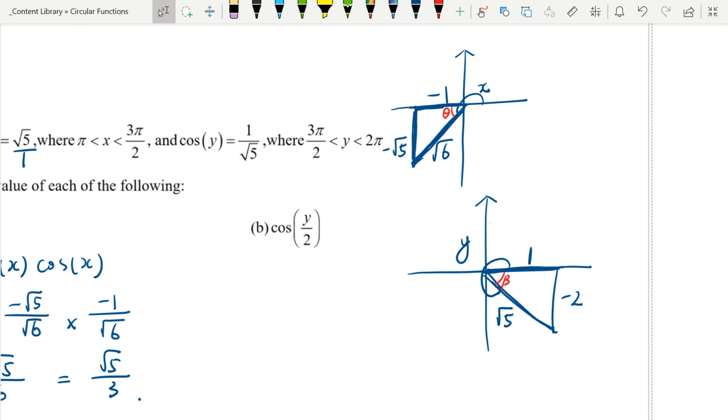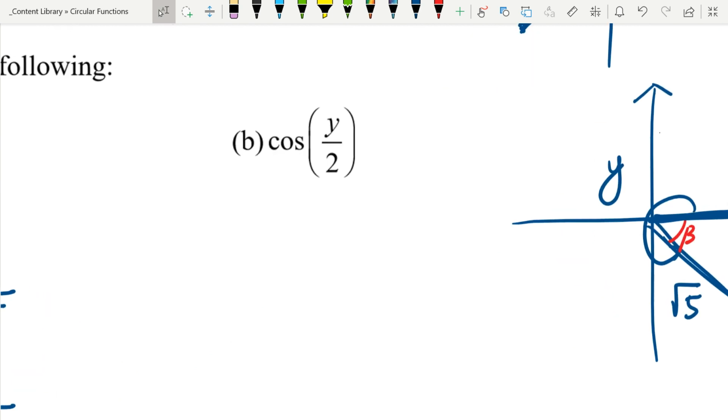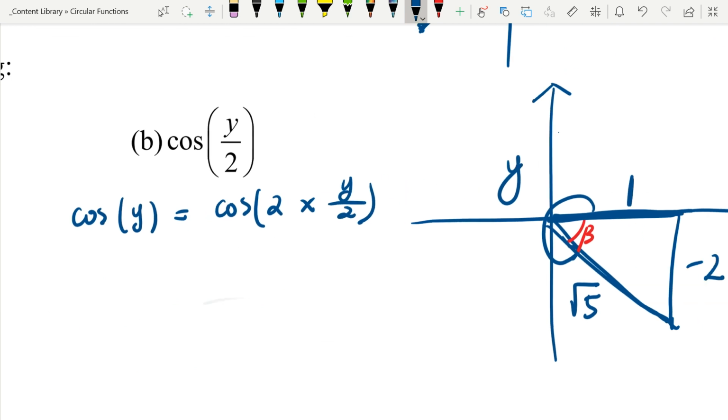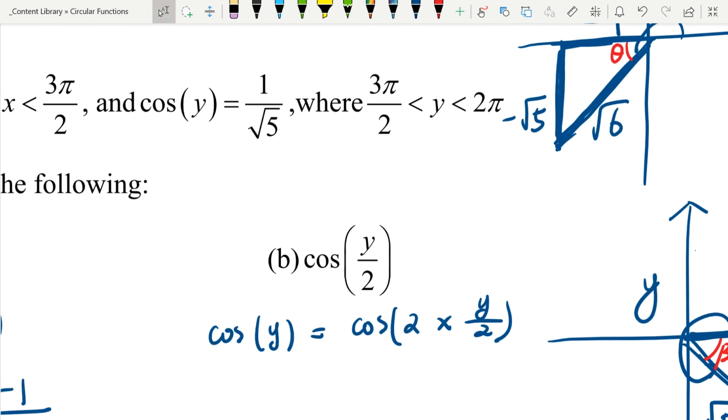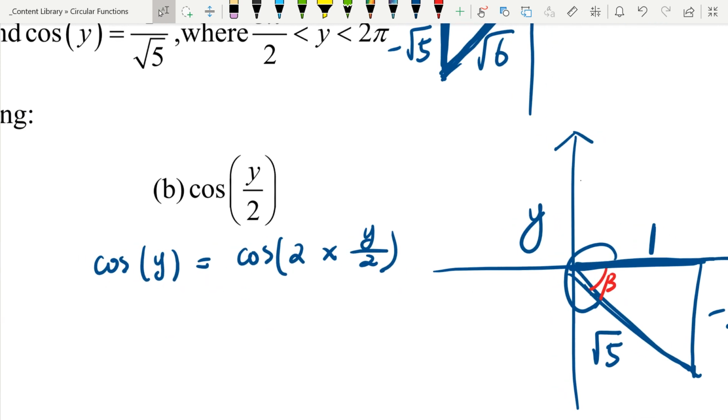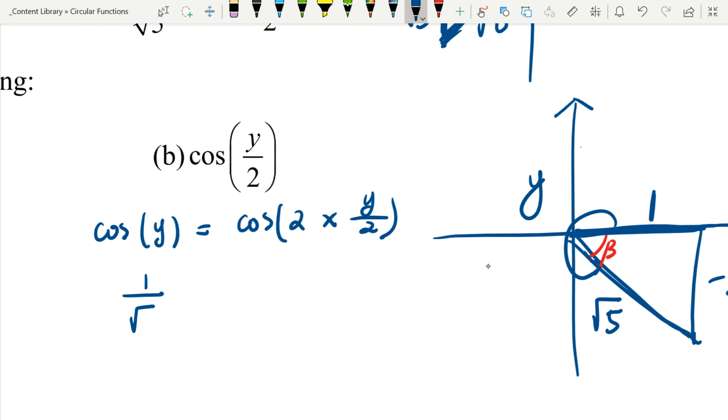Okay, part B. How can we do B? Y over 2. Cos y equals cos of 2 times y over 2. So what's cos y? I think it's positive. Yes. And which one?